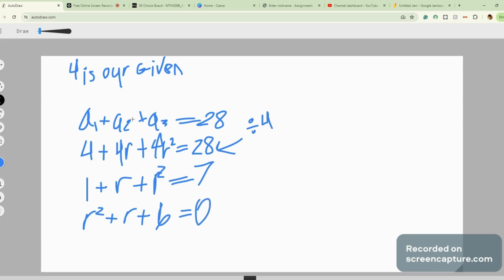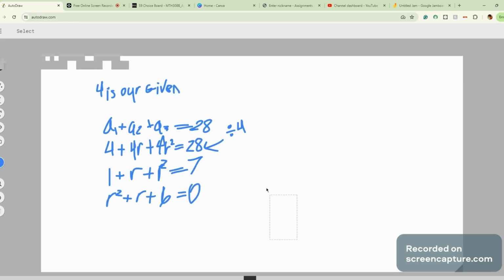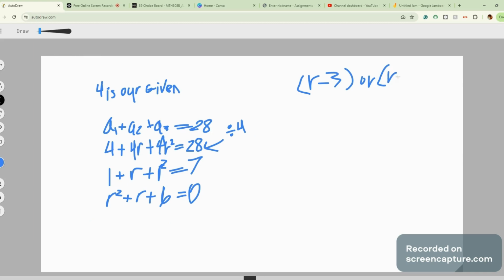And from there you can factor, and it is this long equation that I did last time, which I don't really feel like doing now. I can tell you that you do get r plus 3 and r minus 1, and you do have to flip the signs. But anyways, so the common ratio is going to be either r minus 3 or r plus 2.